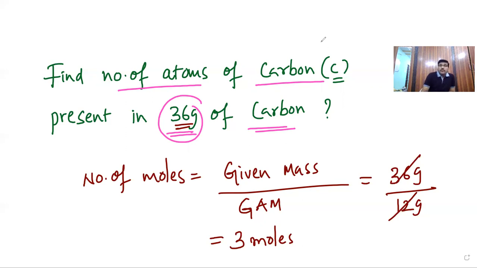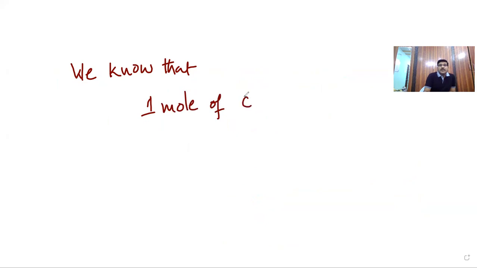But we know that 1 mole of carbon atoms is equal to how much quantity of atoms? Avogadro number, 6.022 times 10 to the power of 23 atoms.